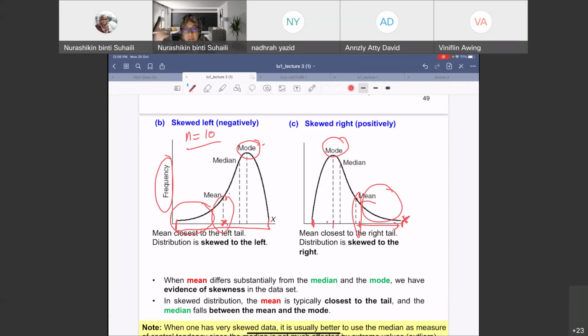Sometimes it's not, but most of the time. We cannot say every distribution, but most of it. But in some circumstances where n is less than 30, like 10 or only 5, it tends to follow a non-symmetric distribution. So when it is non-symmetric, it's either skewed to the left or skewed to the right.